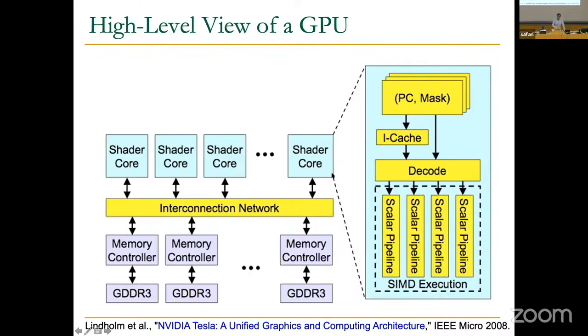But if you look at the shader core, it's a very simple SIMD processor in the sense that you have a bunch of threads over here, warps, and then you fetch the warps, and warps include a PC and a mask. We're going to talk about the mask soon. You fetch them, you decode them, and then you have a bunch of scalar pipelines that operate in parallel in a SIMD manner. If you fetched a warp, in this case, let's say you can see 4 pipelines.